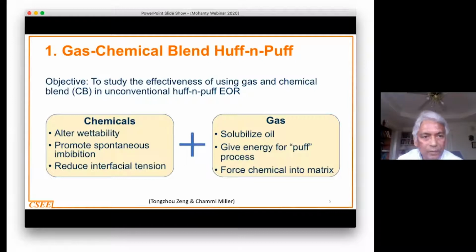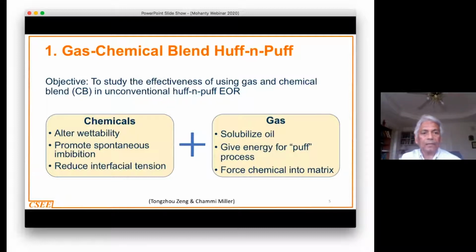So the first story is on combining this gas and chemical blend. We know that gas can solubilize oil if the pressure is high enough. It also gives some energy to the system for the puff process.